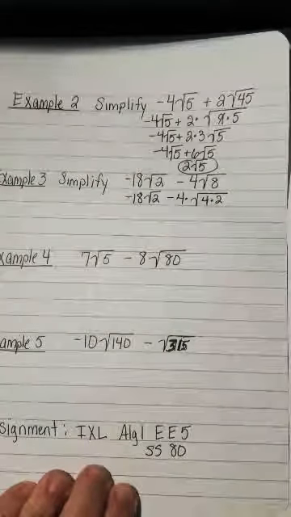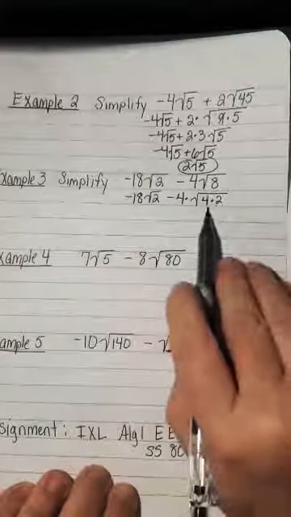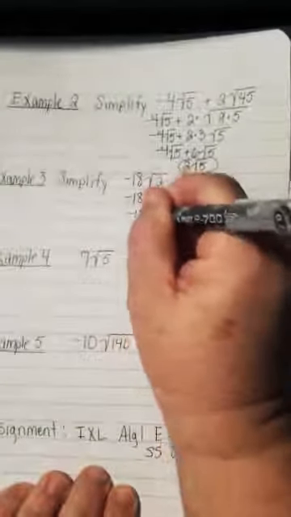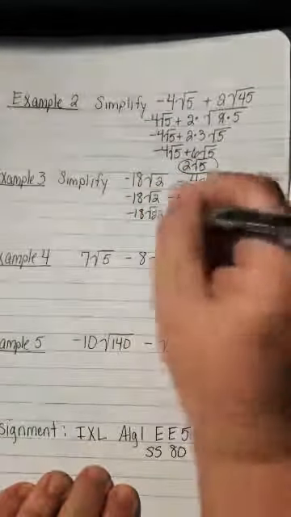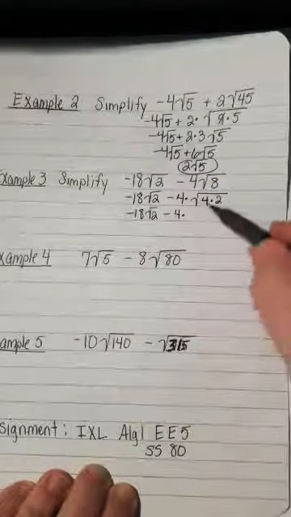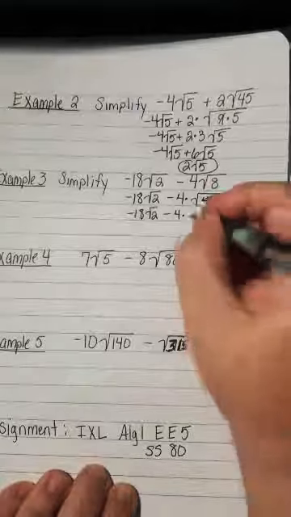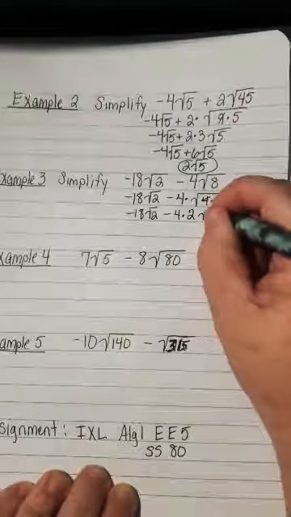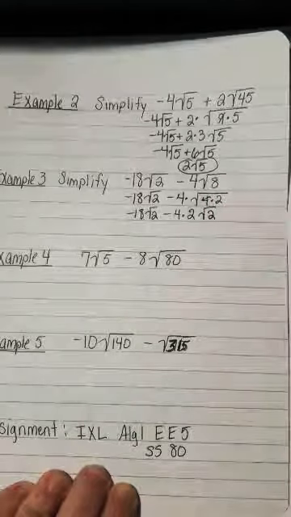Then you need to take the square root of this 4. But first I'm going to recopy the rest of the problem. Negative 18 on the square root of 2 minus 4 times, and then you take the square root of 4 out of the square root as a 2. And then you're left with a 2 on the inside.